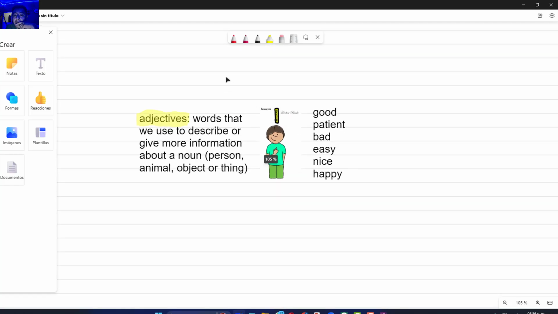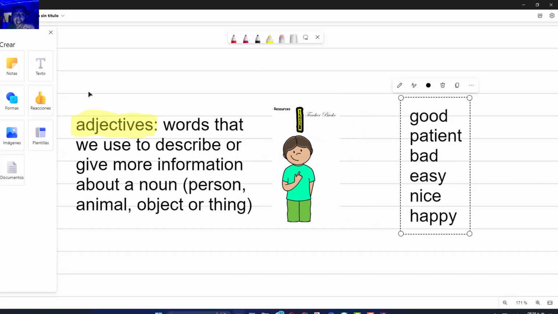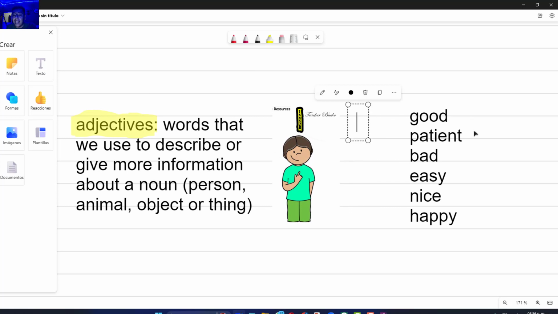So do you remember when we use adjectives, we use it like this. We can say I am, and then you say the adjective. I am good at something, I am patient, I am bad at something, or something is easy. Maybe easy is not the right adjective here, but you can say I am nice, I am happy, right?